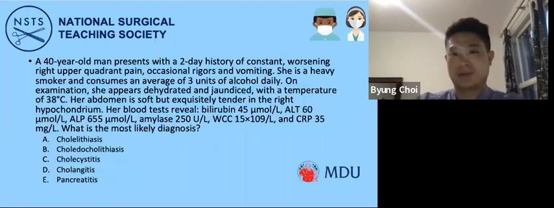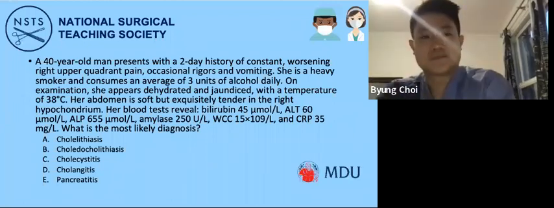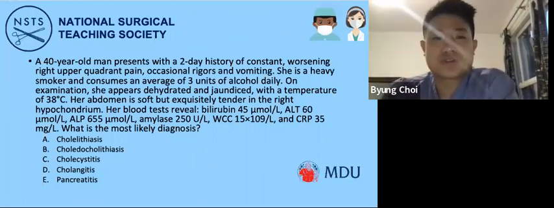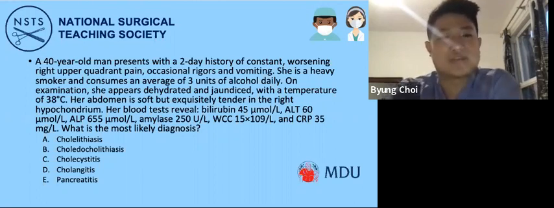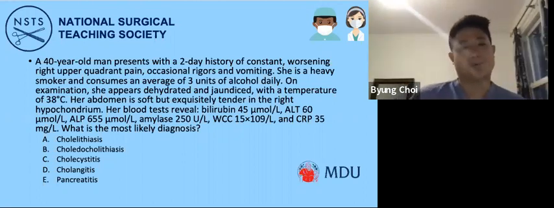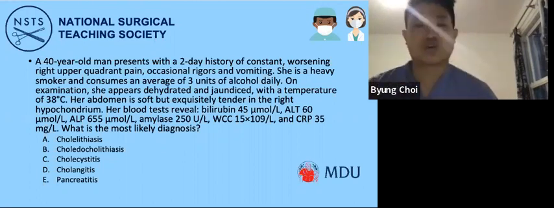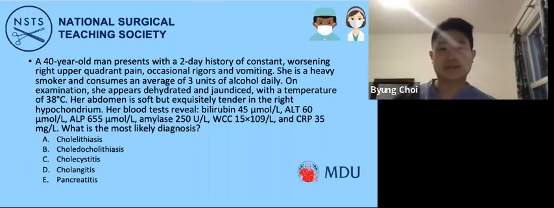All right. So moving on to the last question. We've got a 40-year-old man who presents with a 2-day history of constant worsening right upper quadrant pain, occasional rigors, and vomiting. She is a heavy smoker, consumes an average of 3 units of alcohol daily. On examination, she appears dehydrated and jaundiced with a temperature of 38 degrees.